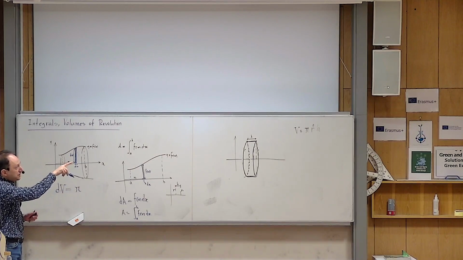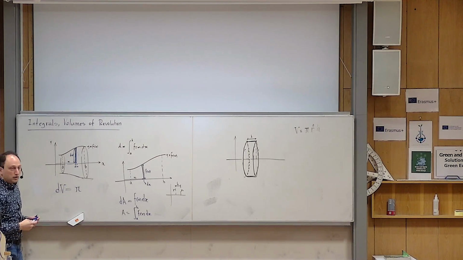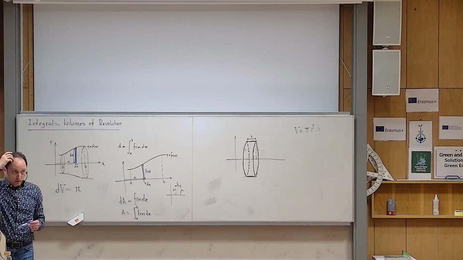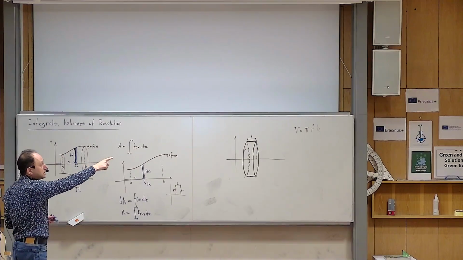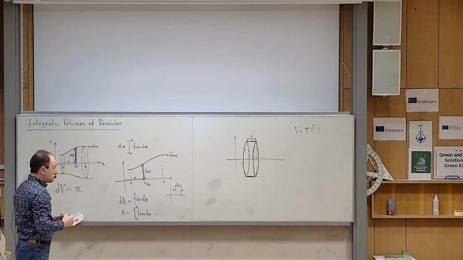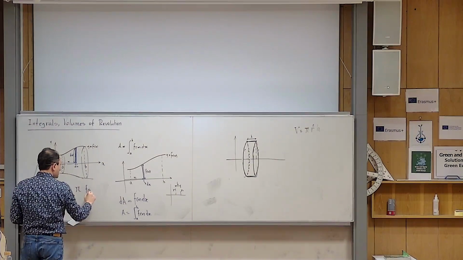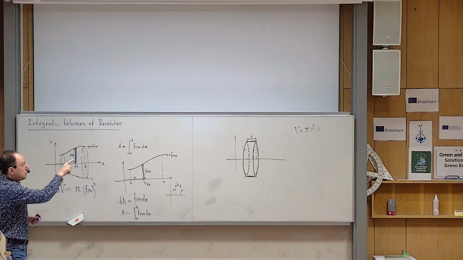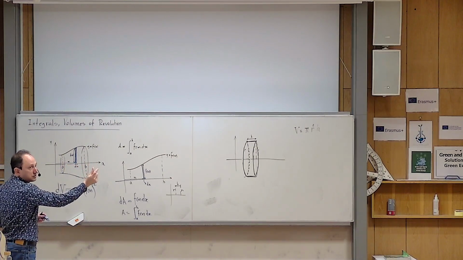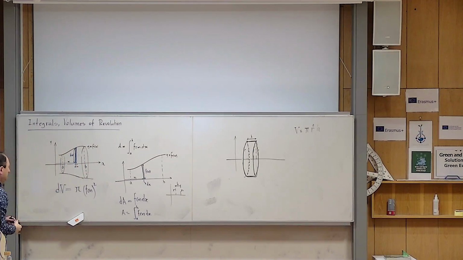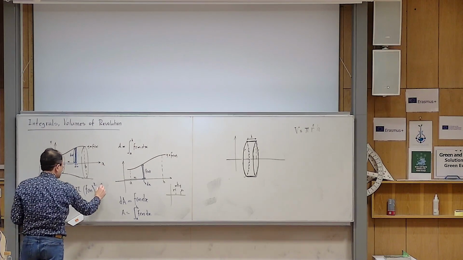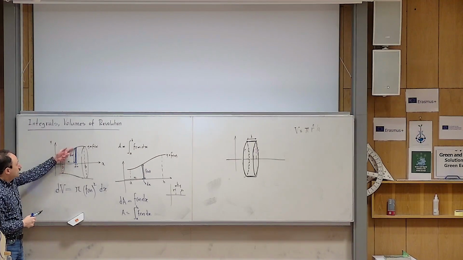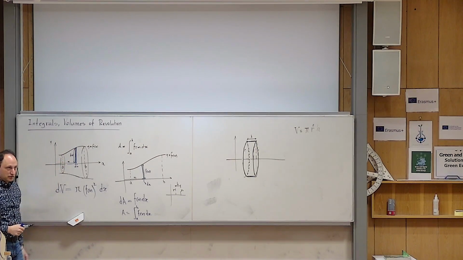And then I have radius squared. Can you see what will play the role of the radius of that cylinder? F of x. But that radius should be to the power 2. So this means that my f of x should be raised to the power 2. Yes? And then multiplied by the thickness h, which is played by dx. That's it. This is the volume of this very thin cylinder.